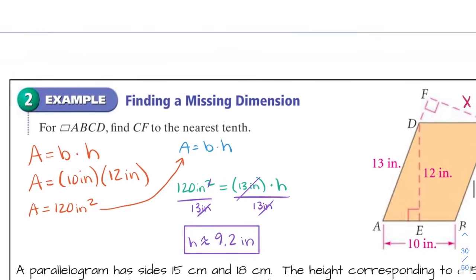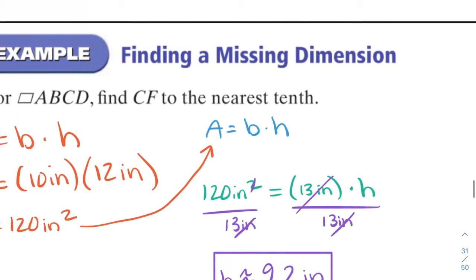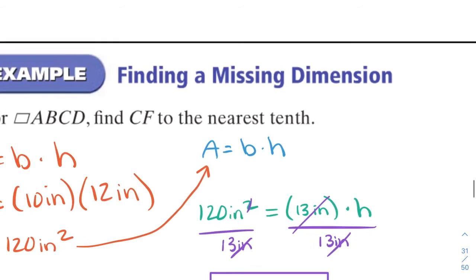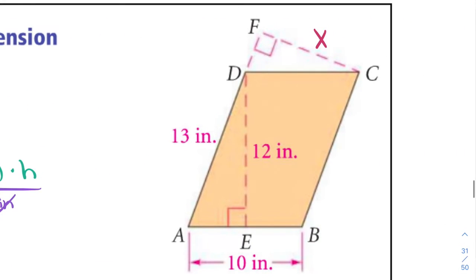Okay. All right. This next question is find the missing dimension. We have a parallelogram, and we want to find what CF is to the nearest tenth. So when I take a look at this, I have a base here, AB, and I have a height, which is DE.